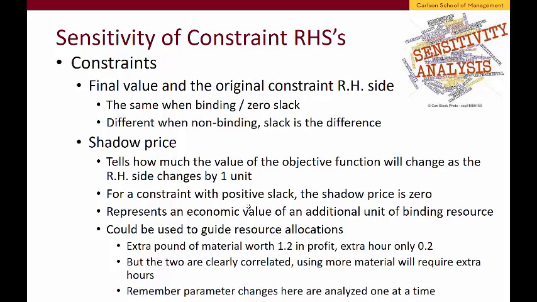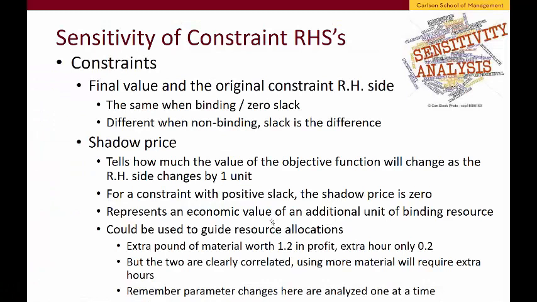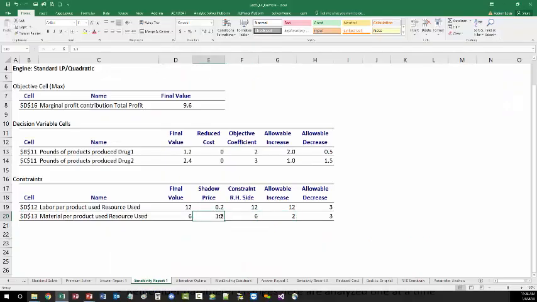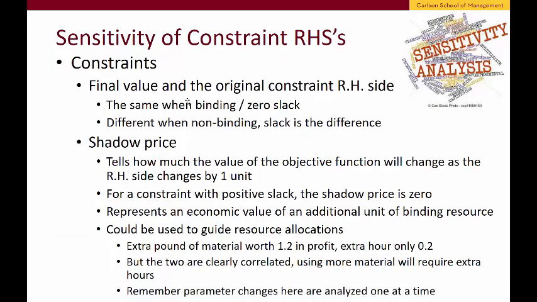In this particular example, the increase in overall raw material levels from 6 to 7 pounds, which is within the 2-pound allowable increase, will increase the weekly profit by exactly that shadow price of $1.20. So from 9.6 to 10.8, as you'll see once we eventually run it.